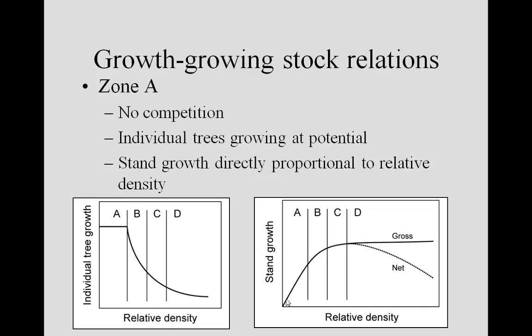And so on, and we keep going, walking around from one plot to another and increasing relative density until we finally get to a plot where just this last year the trees have started to compete. 25 years ago we planted enough so that for 24 years they grew without competition, but they've just started to compete.